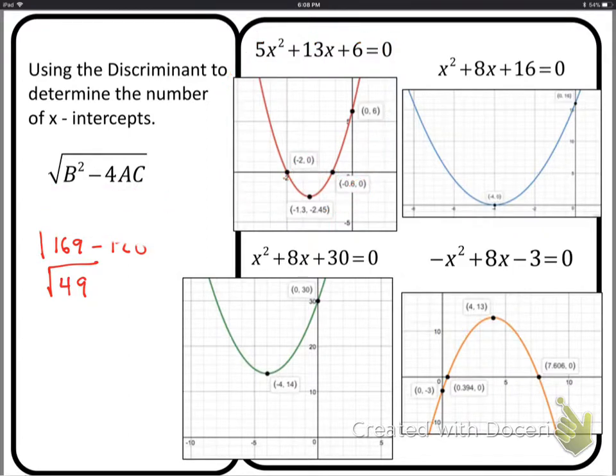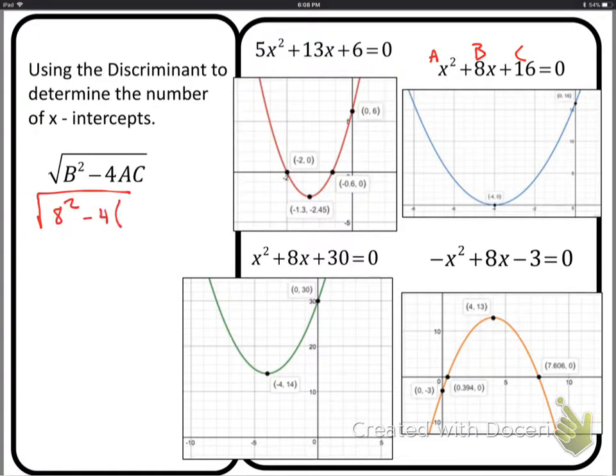And now to double check the second one here, if this is my A, this is my B, this is my C, B squared would be 8 squared again, minus 4 times A, which is 1, times C, which is 16. 8 squared was 64, so this was the square root of 64.